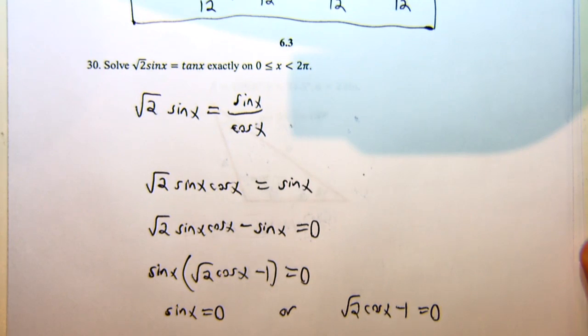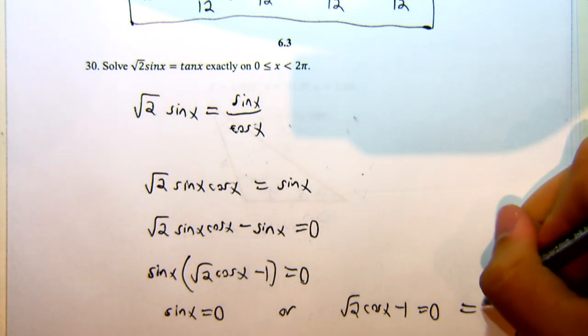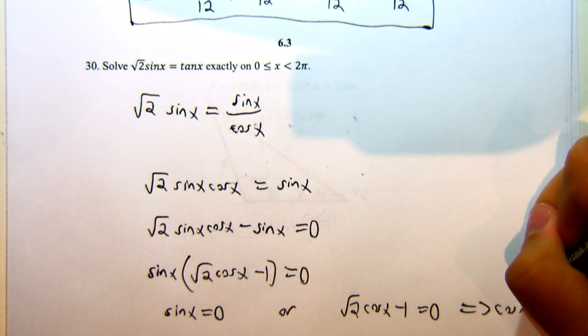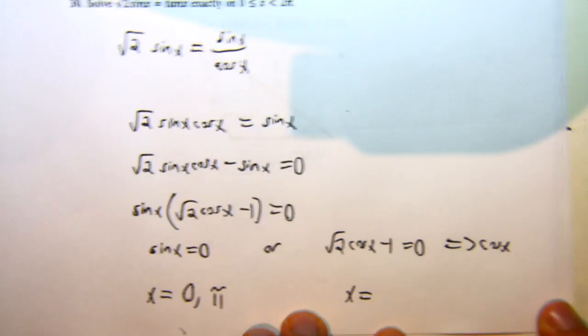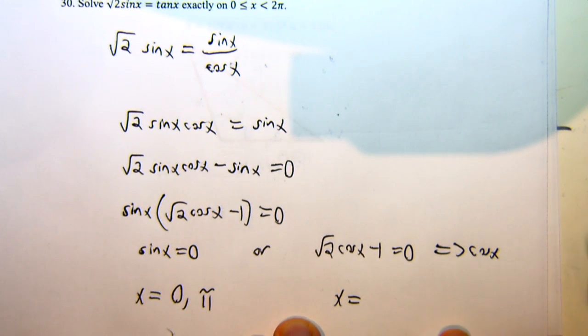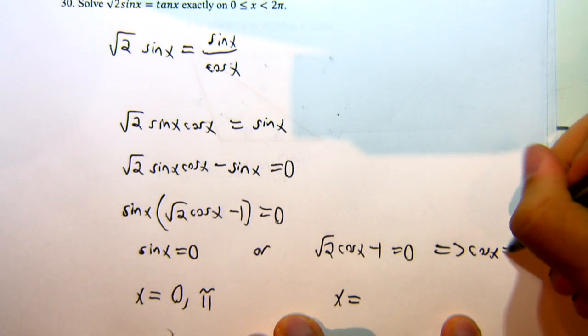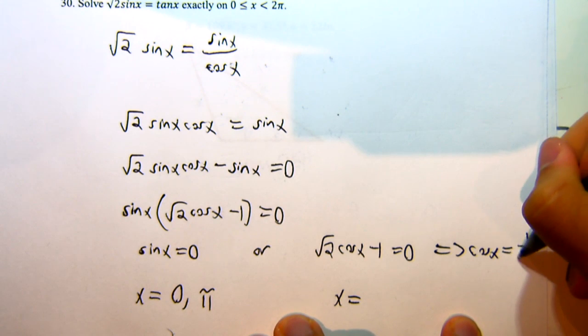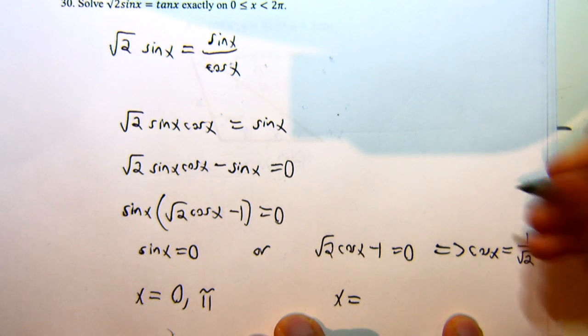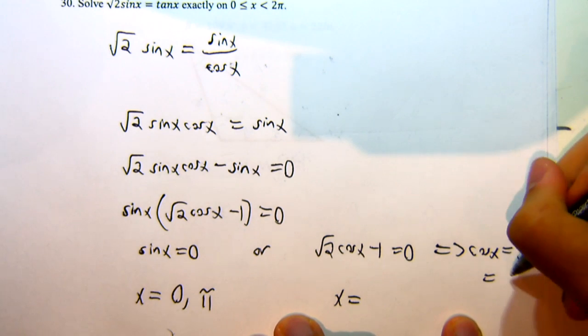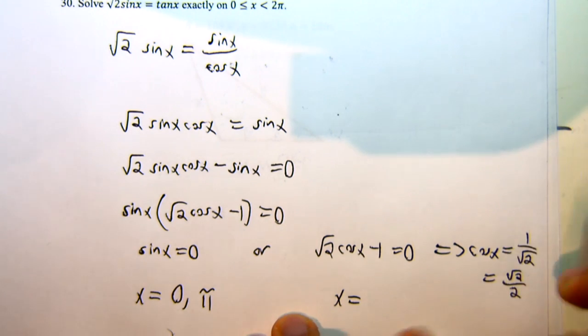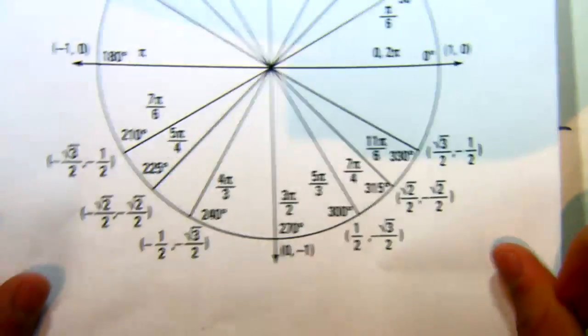Okay, and then we know from here, cosine of x is equal to 1 over square root of 2, which is the same as square root of 2 over 2. So now we've got to look on the unit circle where we have cosine at square root of 2 over 2.